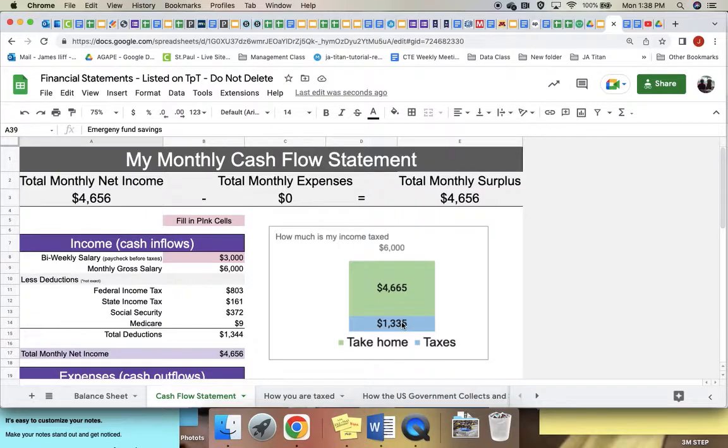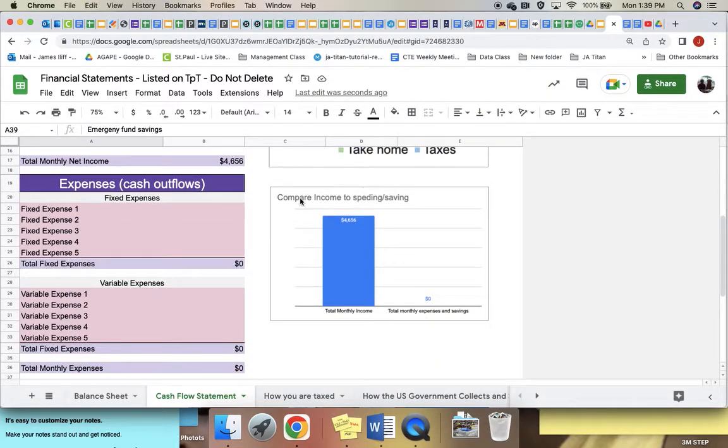And it's just a graphical way to show them how much they're taking home out of the 6,000 versus being taxed. We also have income to spending and savings, and so I didn't enter any information here, but if rent was $2,000, you could see it starts to add up.